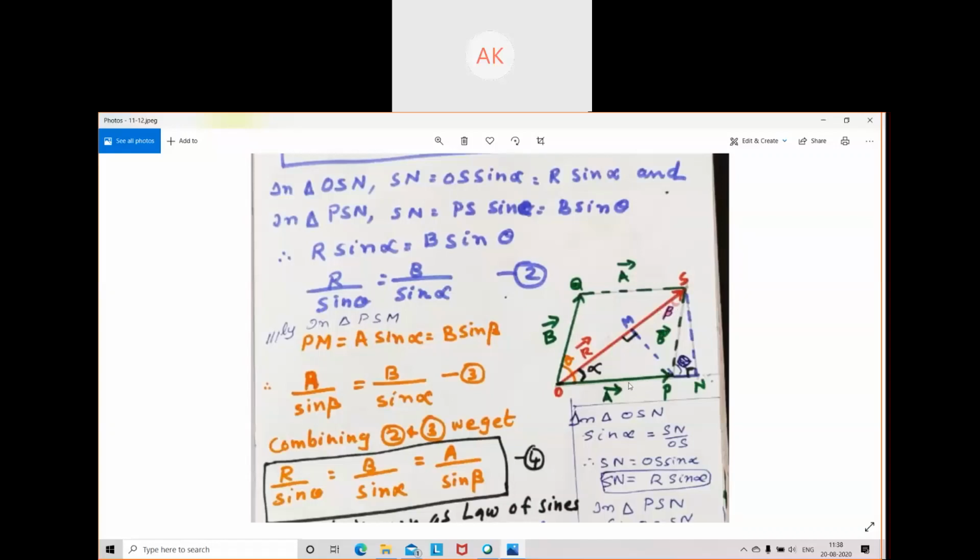PM by A: PM is the opposite side, and A is the hypotenuse. PM by A equals sin alpha, so PM equals A sin alpha. And in terms of beta, PM by B equals sin beta, so that is also equal to B sin beta.